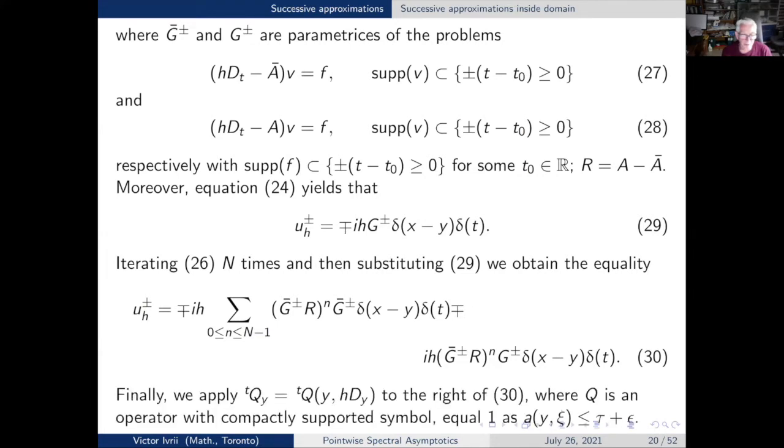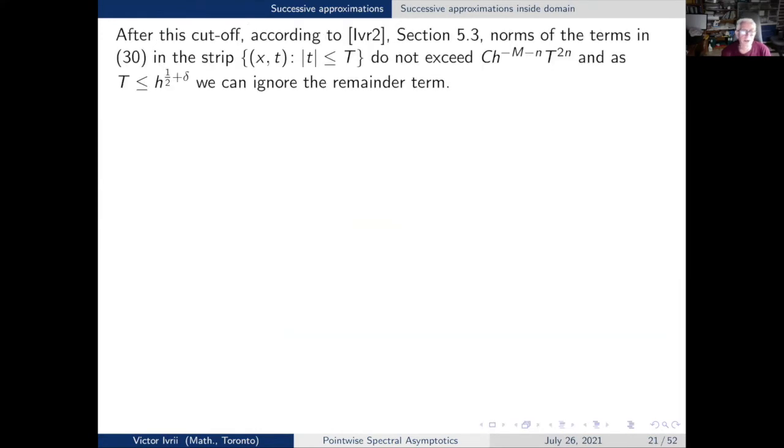Finally, we apply a cutoff by y to the right of this, where Q is an operator with compactly supported symbol. After this cutoff, norms of the terms wouldn't exceed, well, it doesn't matter, M is a constant.